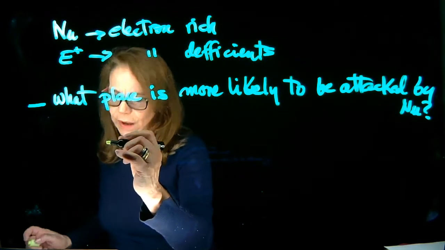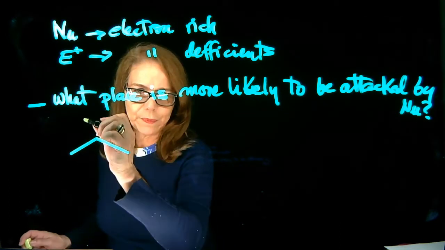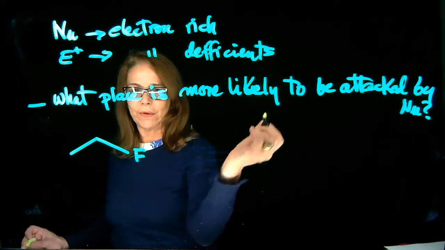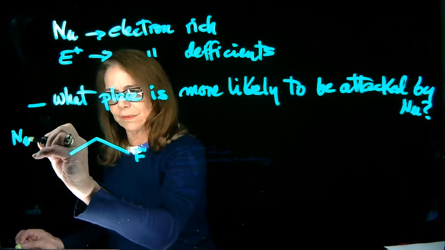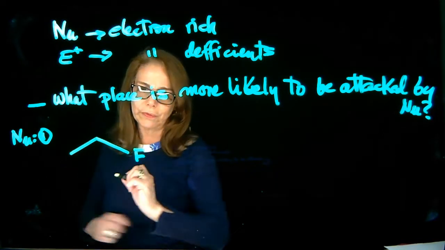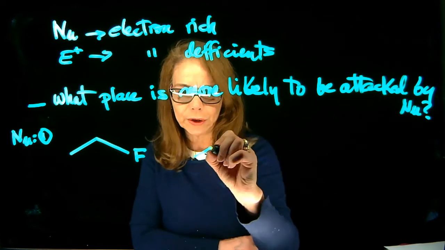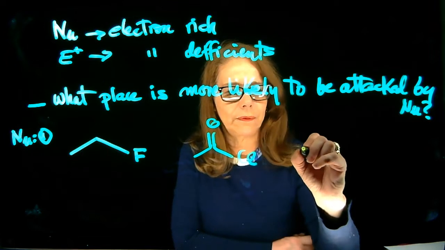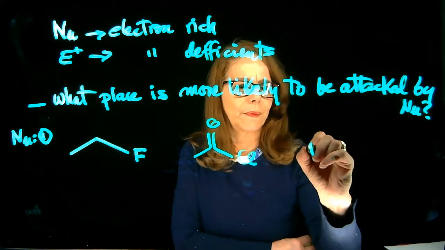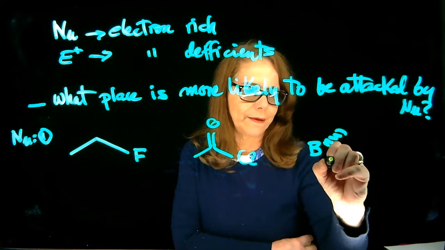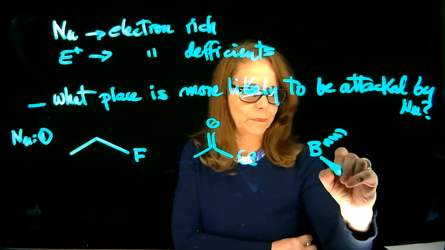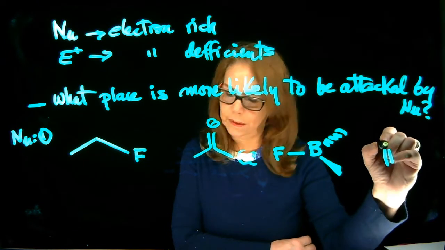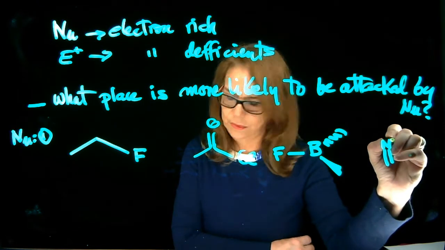So if you have a molecule like that and you're being asked what place is more likely to be attacked by a nucleophile, let's just use a generic nucleophile. I'm going to draw a few molecules here. Now I have this, this is a metal, and here another molecule.